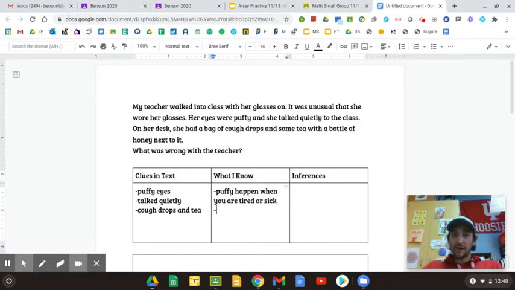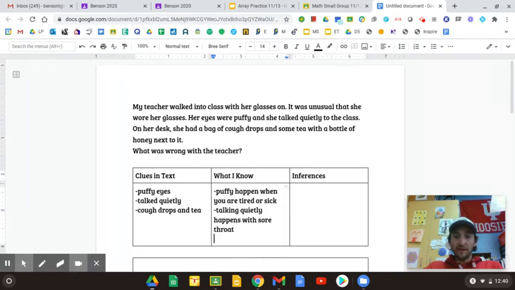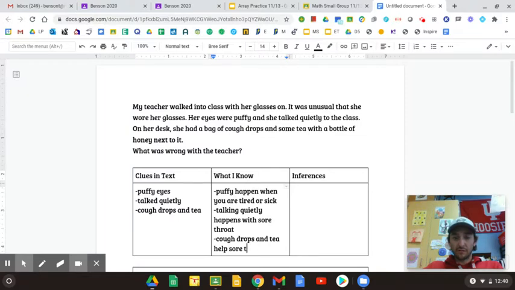We also know that talking quietly can be part of being sick or a sore throat. And the final thing we know is that we use cough drops and tea to help a sore throat.